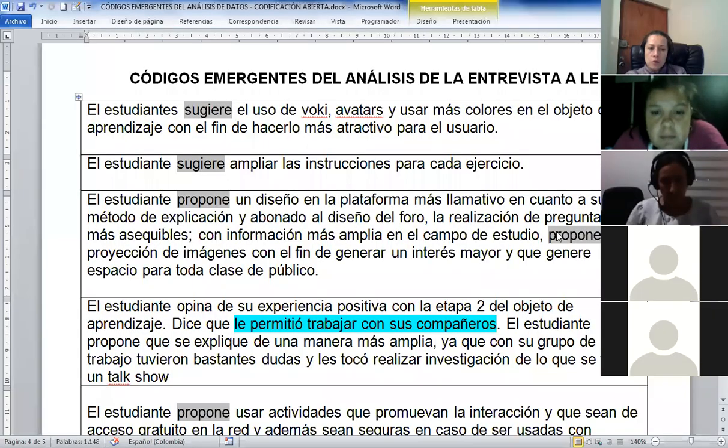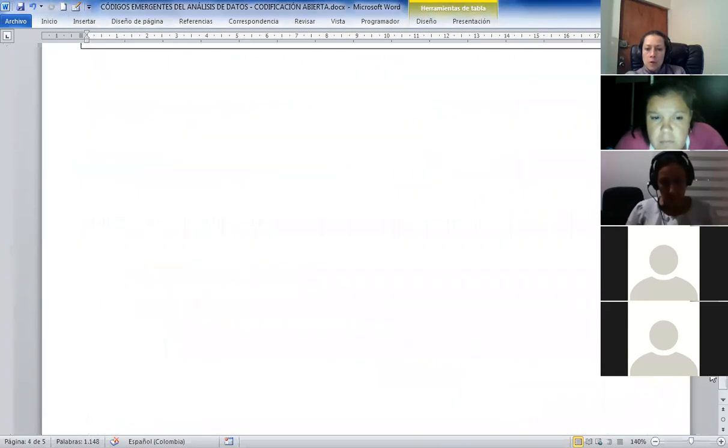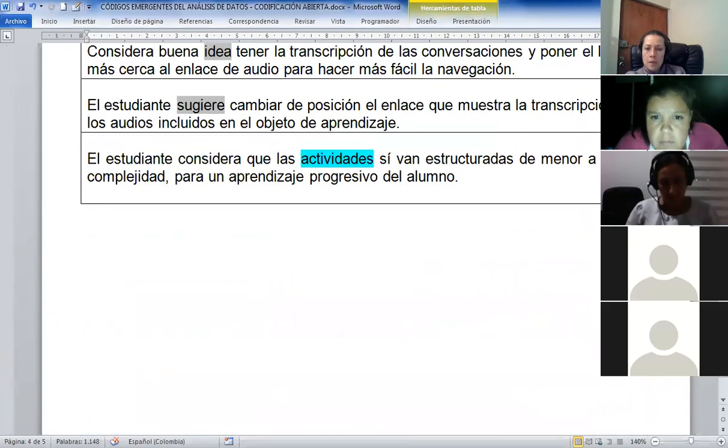Remember that the idea is to move from this file to the other matrices with the commonalities. So here I need to add the codes that you guys found in the other 2 interviews. Okay. Anything else?